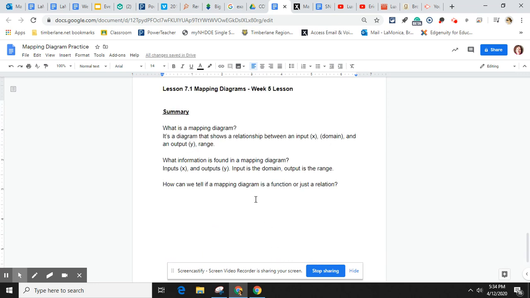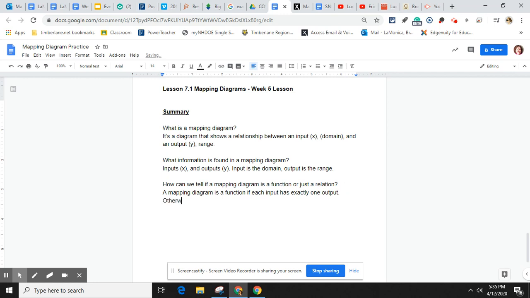How can we tell if a mapping diagram is a function or just a relation? A mapping diagram is a function if each input has exactly one output.